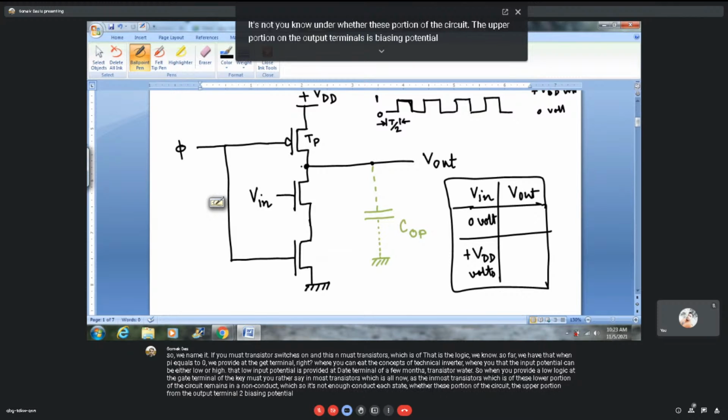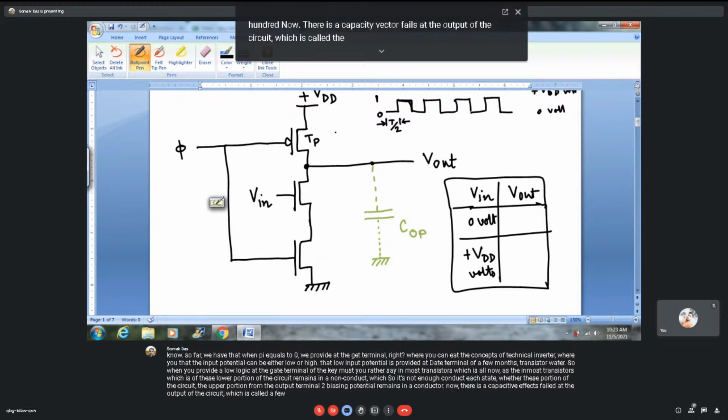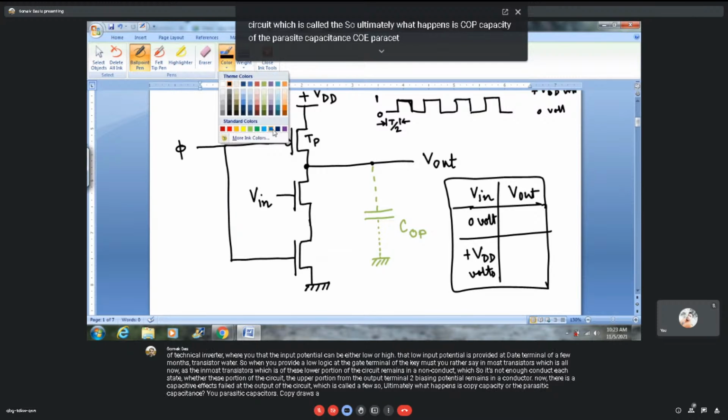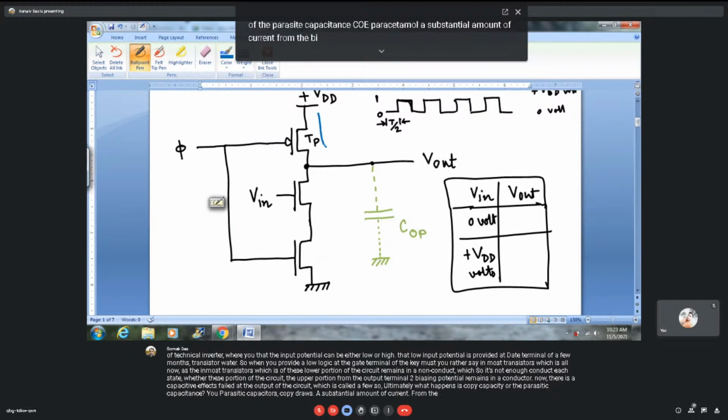state. Now, there is a capacitive effect felt at the output of the circuit, which is called COP. Ultimately, this parasitic capacitance COP draws a substantial amount of current from the biasing potential, charging up this parasitic capacitance.